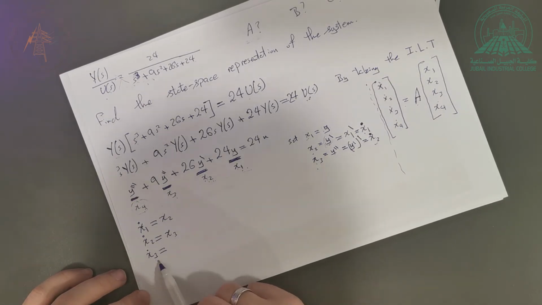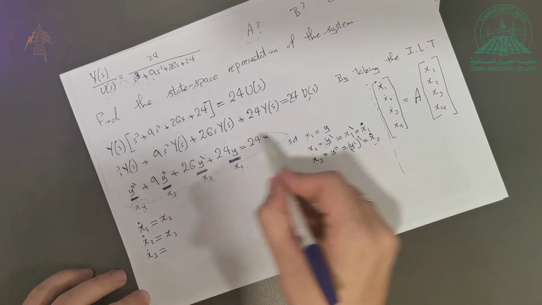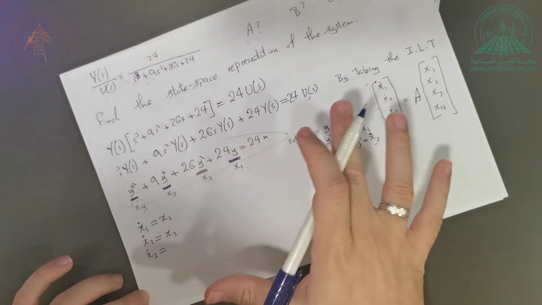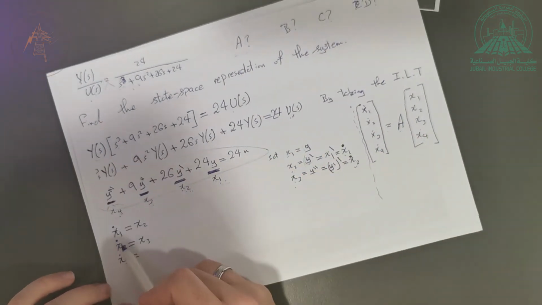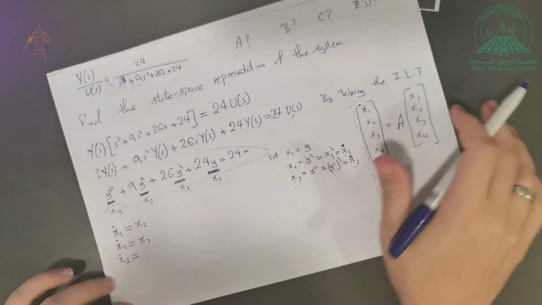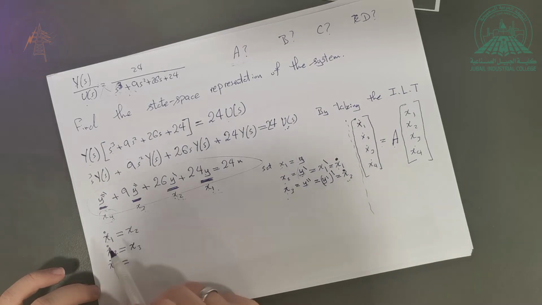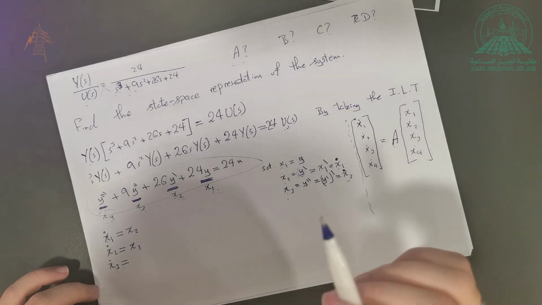Where am I going to be getting x3 dot? I'm going to be getting it from the differential equation itself. So always in these kinds of problems, x1 dot and x2 dot are going to be very easy to find, right? Always x1 dot is going to be your x2, and x2 dot is going to be your x3. You can actually blindly do that, right?